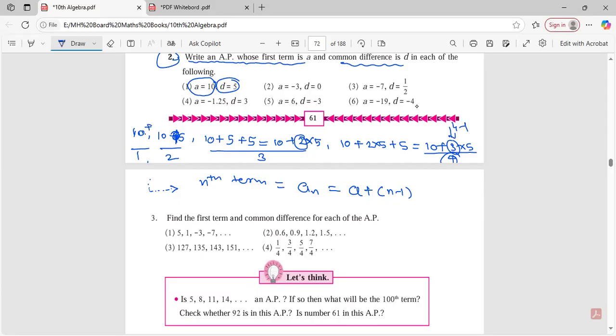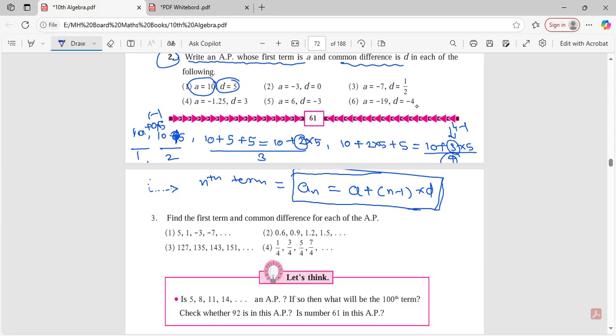Here it is 0 into 5, which is 1 minus 1. So it is n minus 1 into d. This formula is for the general nth term of an arithmetic progression.